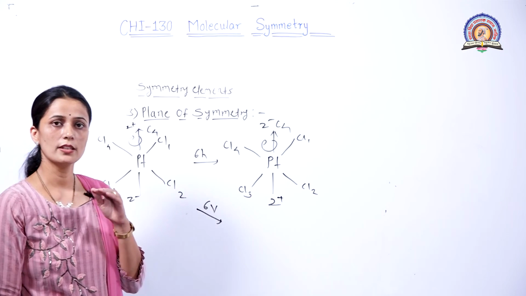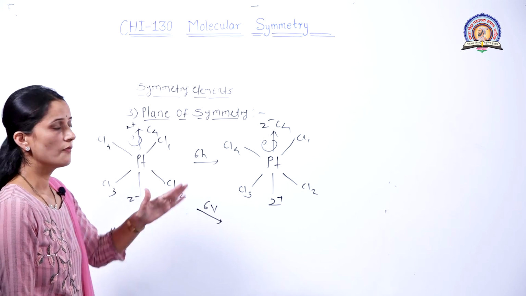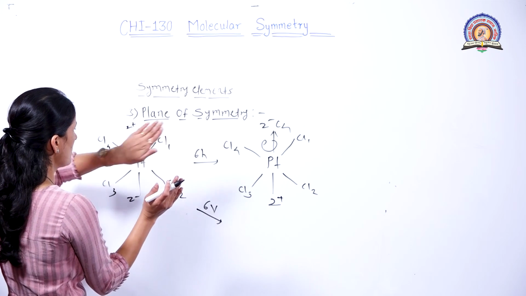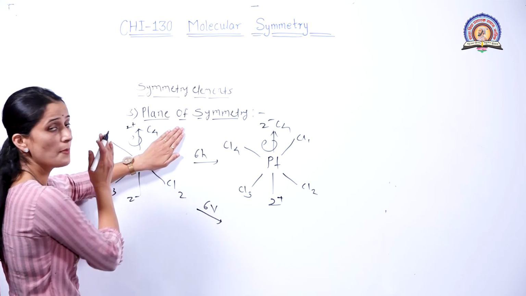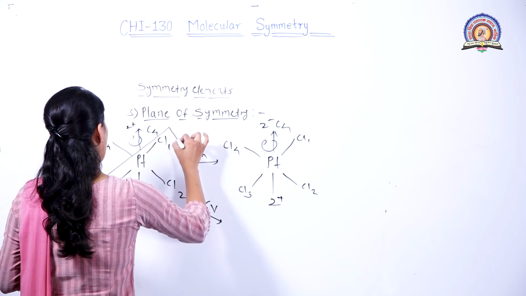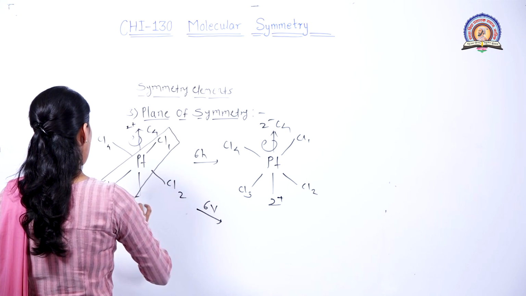So I have to draw the plane like that, which is parallel to the principal axis. This is your principal axis and this is my plane, which is obviously parallel to this principal axis. So this is your first plane, that is sigma V1.